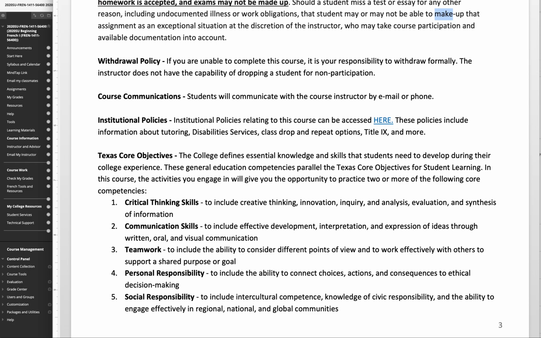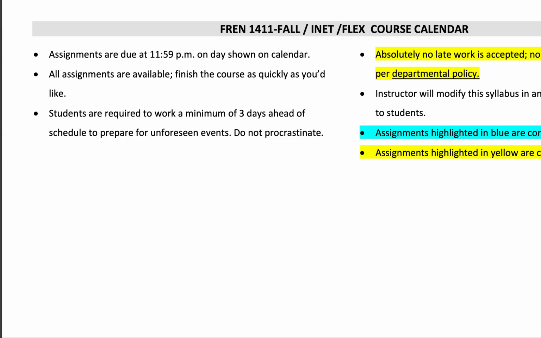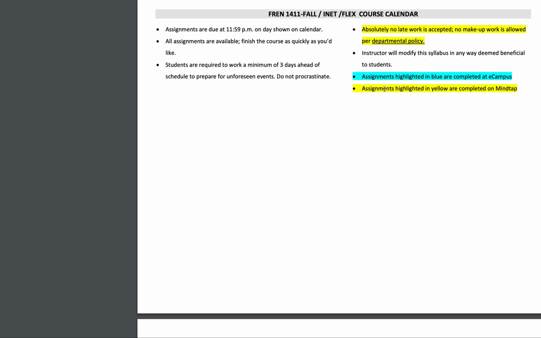The second document that I wanted to share with you today is our calendar. Our calendar is a very important document that you should be looking at daily. This is where I tell you when everything is due. As of right now, all of your work is available for you to complete today. It depends on you as to how fast you want to finish the class.